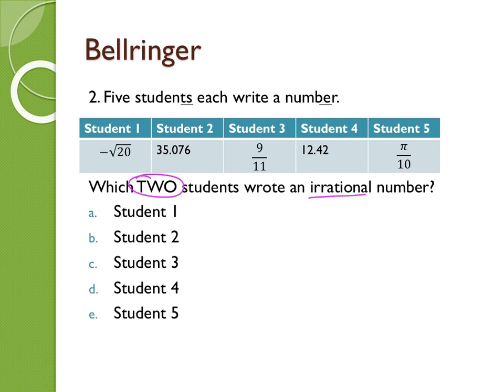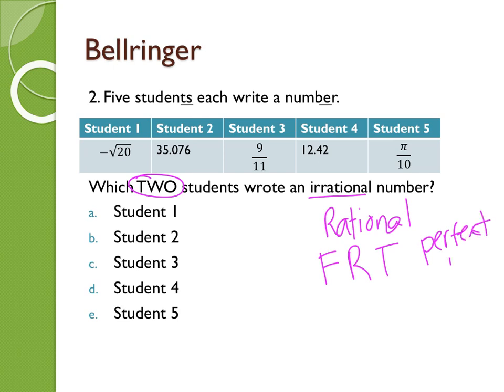We're looking for irrational. Okay, because remember, let's review what rational is. Rational is a fraction, the decimal repeats in a pattern, or the decimal terminates, or it is a perfect square.